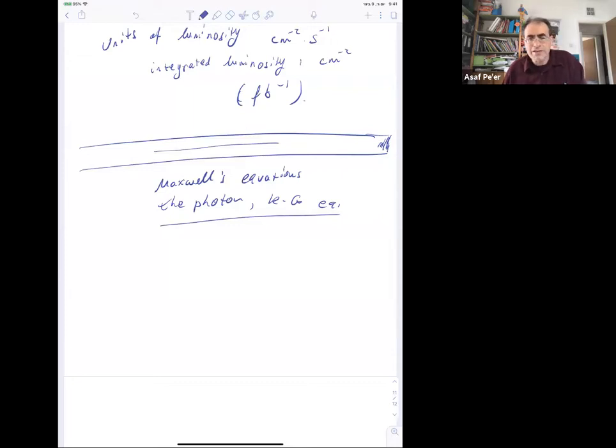In quantum physics, everything is being quantized. Everything becomes a particle. And the particle associated with the electromagnetic field is the photon, which means photons need to be involved in any interactions. That's why in quantum electrodynamics, every interaction is described by an exchange of a photon.